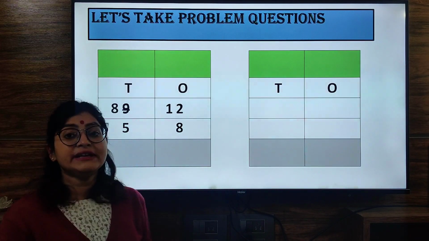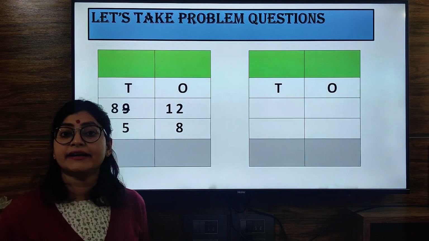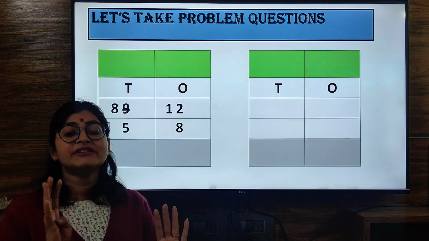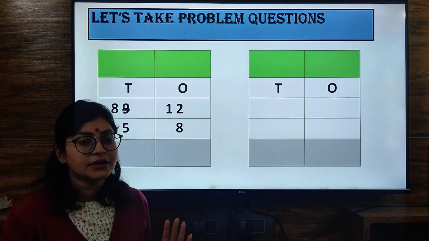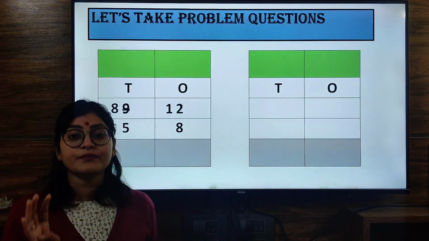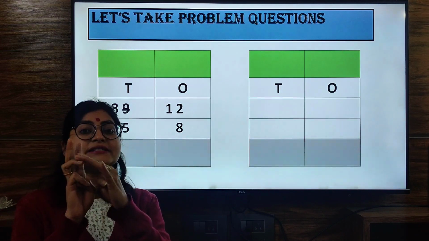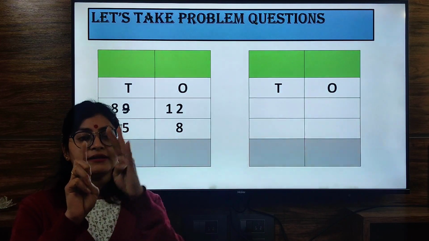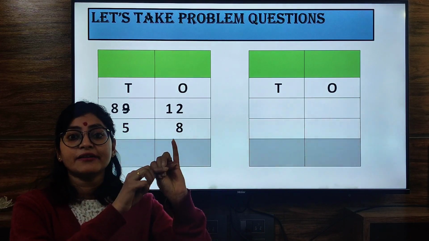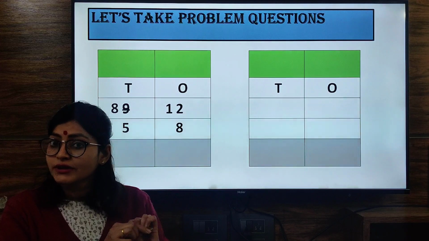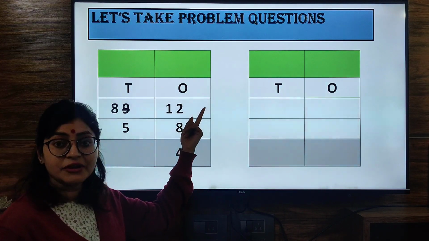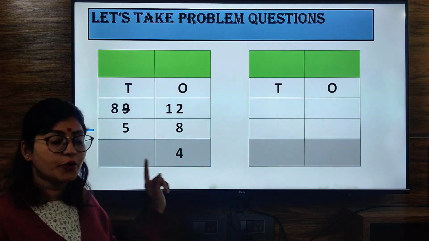Now what we will do, we will keep 12 in mind and 8 on the fingers. These are 8 fingers. Now I will start counting backward from the number that I have in my mind, which is 12: 11, 10, 9, 8, 7, 6, 5 and 4. So it's 4. 12 minus 8 is 4.